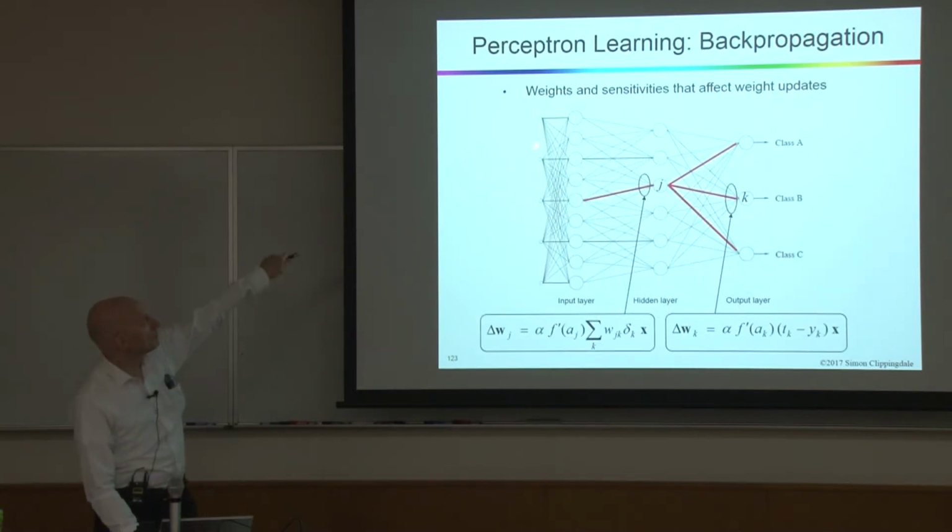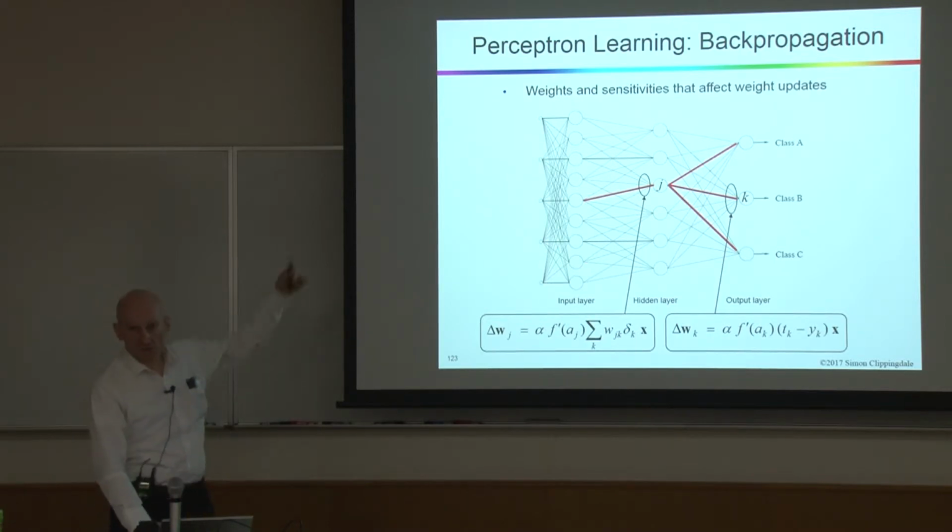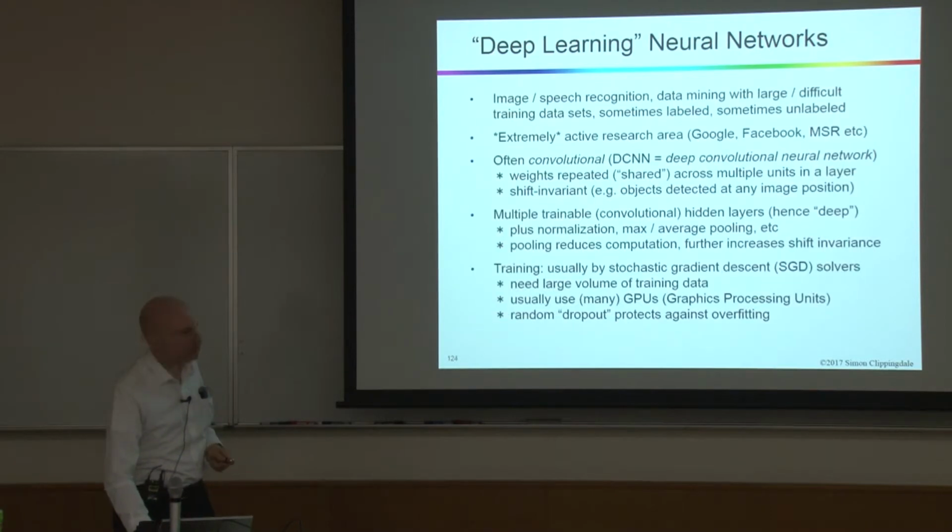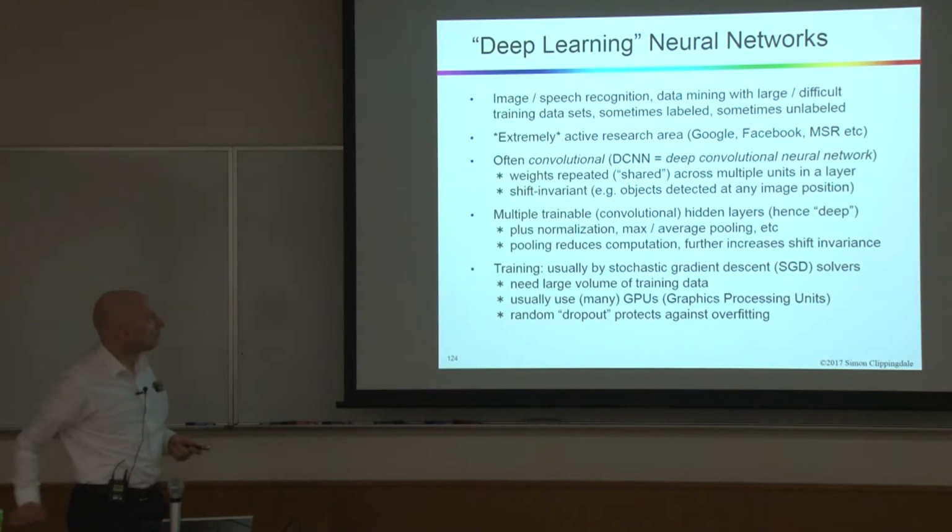So an object appearing, say, in this part of the image will be treated the same as an object appearing in this part of the image because the weights are shared between all the units. So there are usually multiple trainable convolutional hidden layers, which is why these networks are called deep networks.